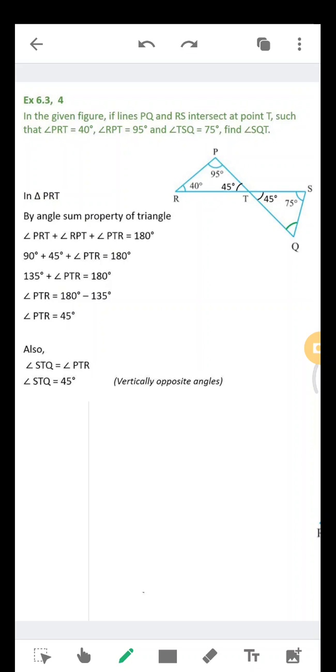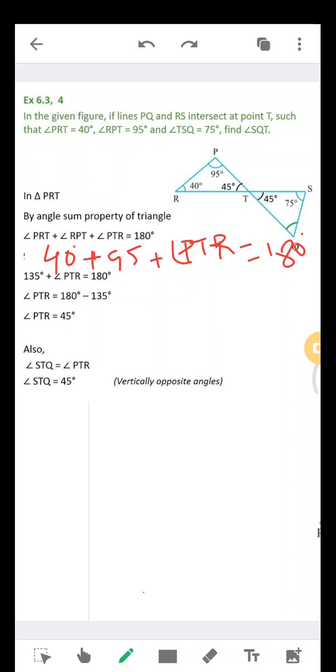Now I'll substitute the values. What is the value of PRT? PRT is 40 degrees. 40 plus 95 plus angle PTR is equal to 180 degrees. 40 plus 95 is 135, plus PTR is equal to 180.